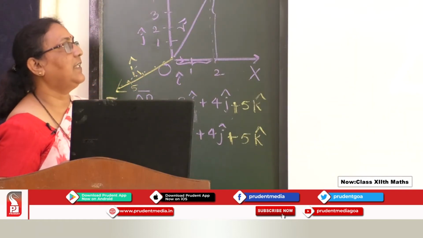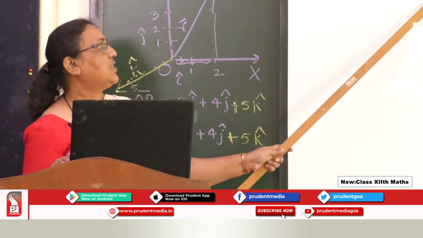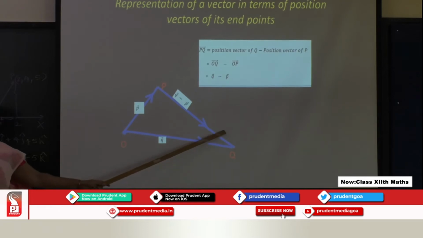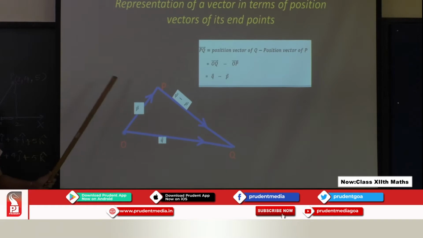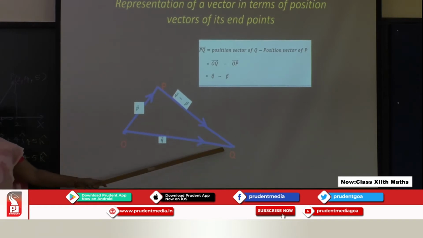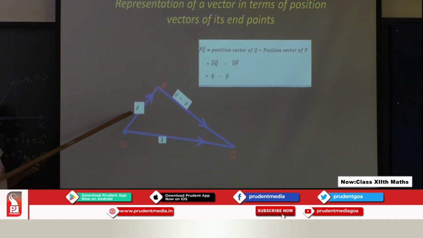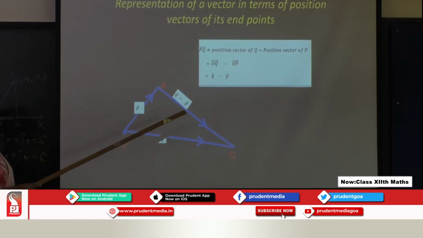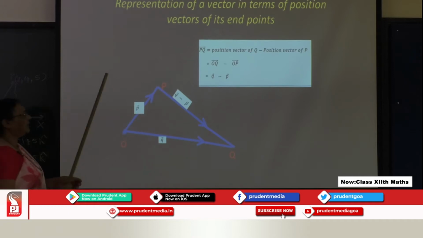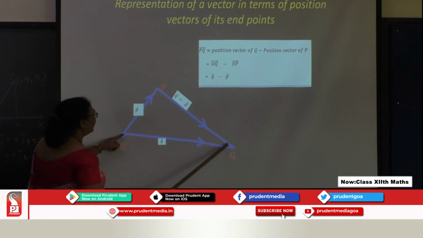Representation of vectors in terms of position vectors of their end points. Now, P is one point and Q is another point. Now, how is vector PQ represented? Vector PQ is from P to Q. O to P is here and O to Q is there. By the triangle law, O to P is from here to here and O to Q is from here to here.